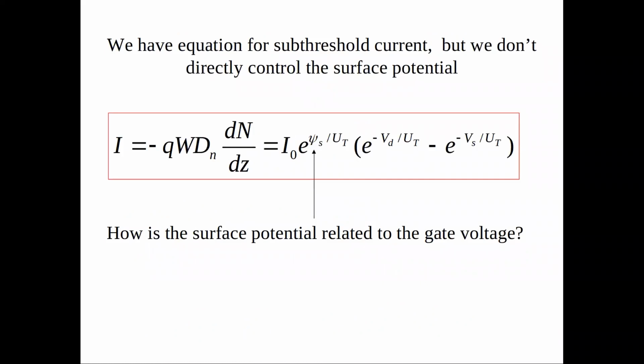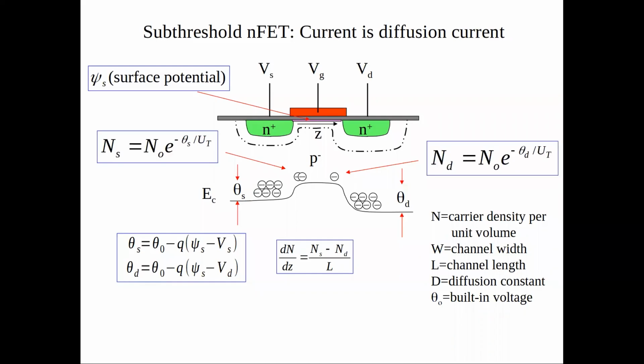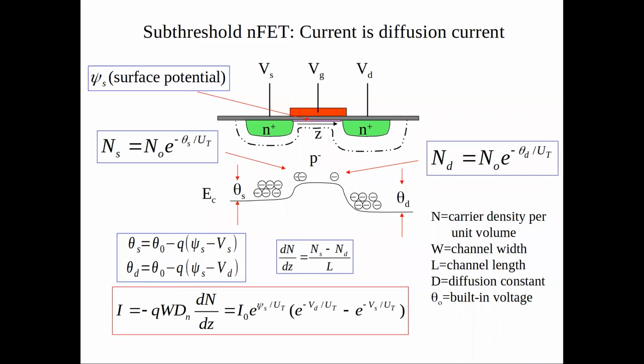It was in the previous slide, it was forward where it was VD, minus VD over UT. Is that forward? Oh, sorry, in terms of forward and reverse current. Yeah. I see. It could be that we made a mistake here.